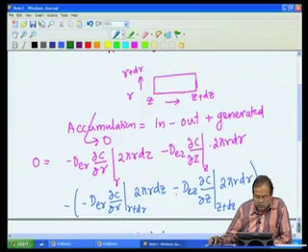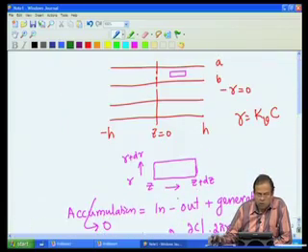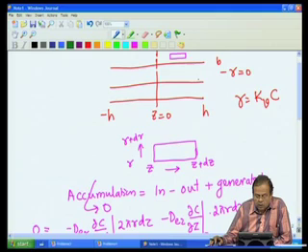So, let us repeat once again. We have a hollow cylinder going from minus h to plus h as its length, and radius from A, which is the outer radius, to B, which is the radius of the inner part, and from 0 to B is a hollow portion. Okay.